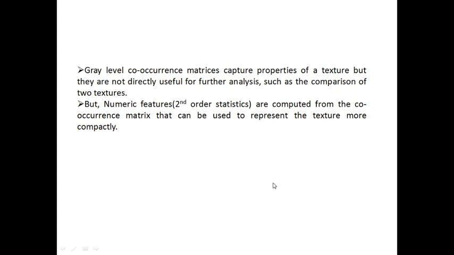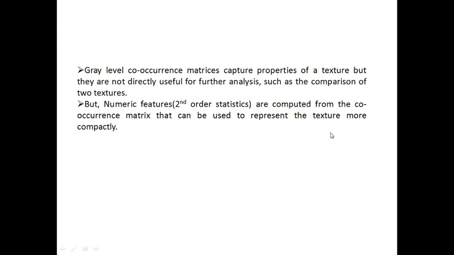So what is the object present in the image? The GLCM captures properties of a texture, but it is not directly useful for further analysis, such as the comparison of two textures.